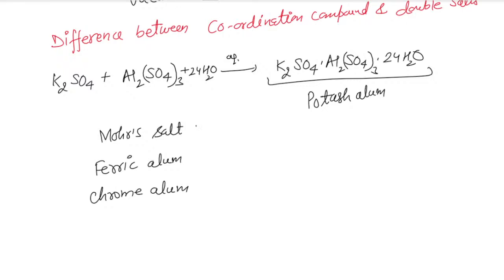So more salt is ferrous sulfate, ammonium sulfate dot 6H2O. And what is ferric alum?